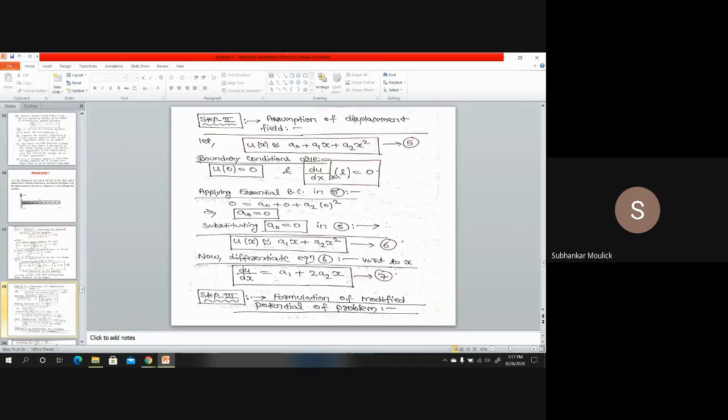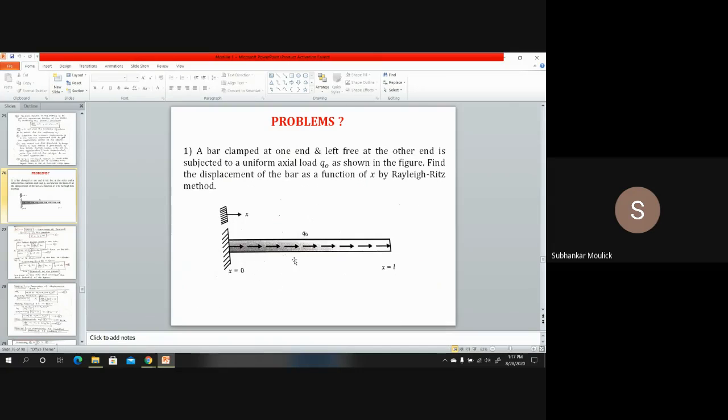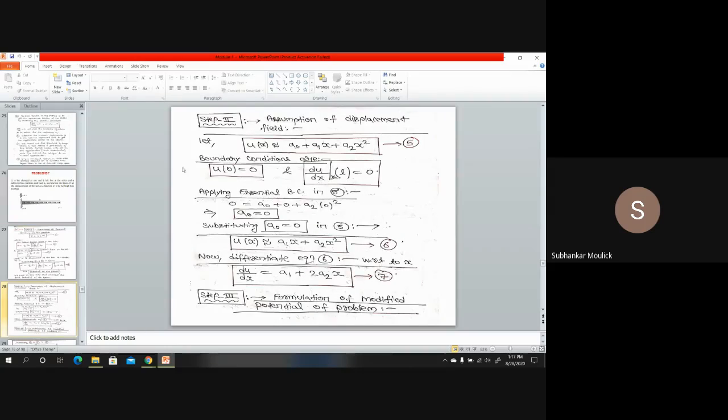Then we computed the boundary conditions for this problem. From the problem it is clear that the displacement will be 0 at the fixed end, that is, u of 0 is equal to 0, and the slope at the free end will be 0, that is, du over dx at x equal to l is 0. Here u of 0 equal to 0 is your essential boundary condition, and du over dx at x equal to l equal to 0 is your natural boundary condition.